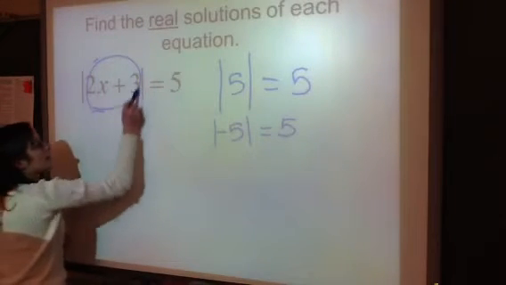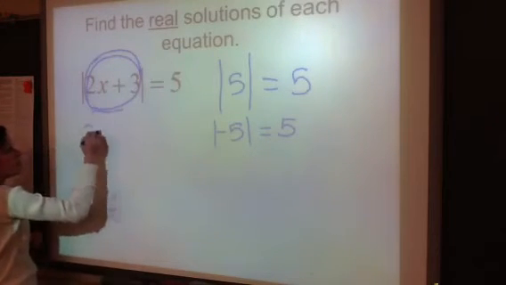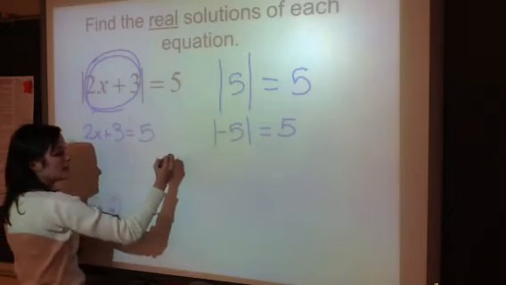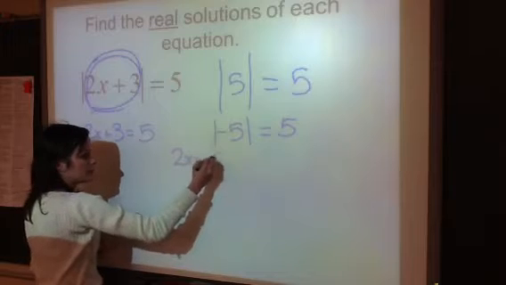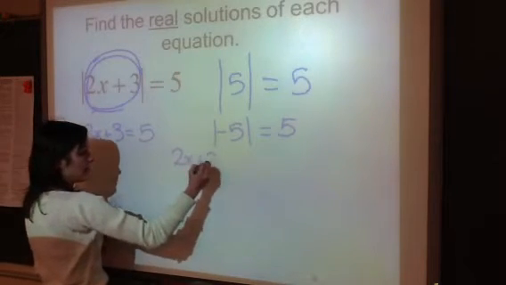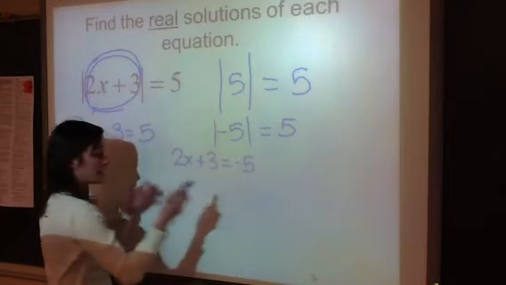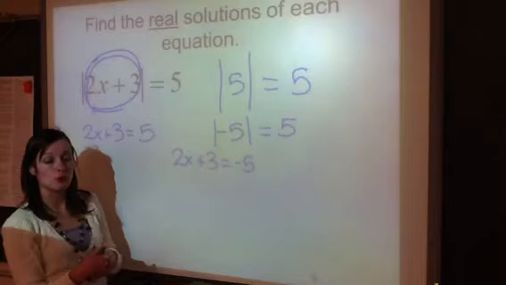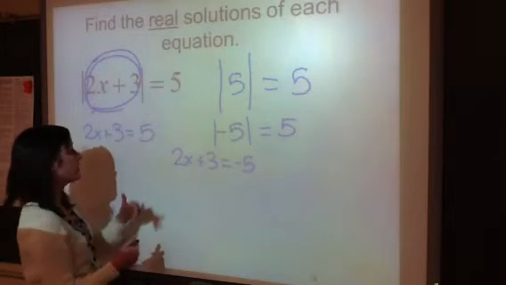So I'm going to set this equal to 5 as well as -5. And the reason I set it equal to 5 and to -5 is because both expressions will equal 5 if you had them inside the absolute value.